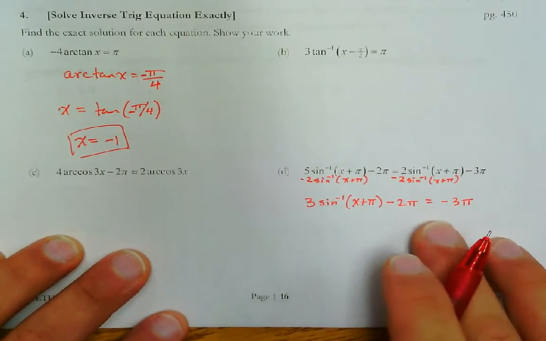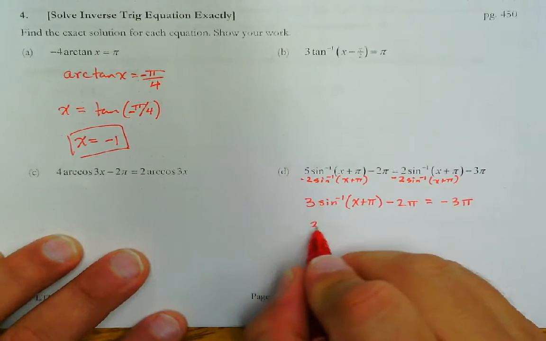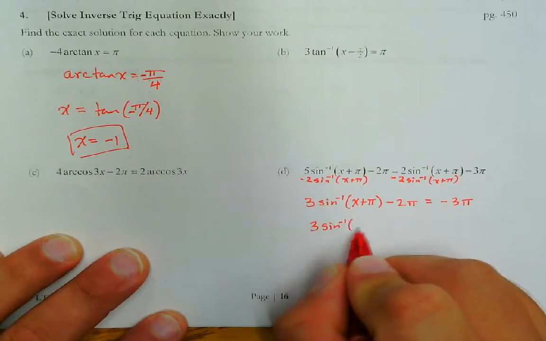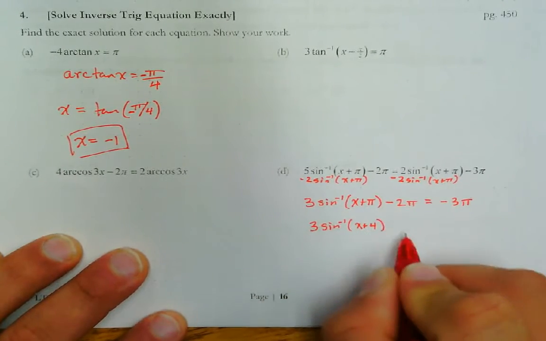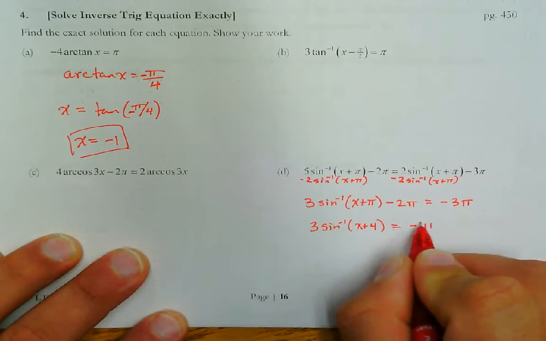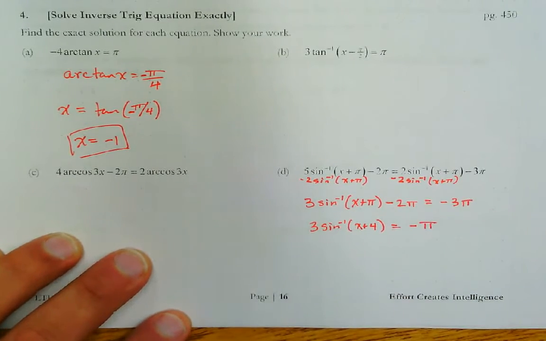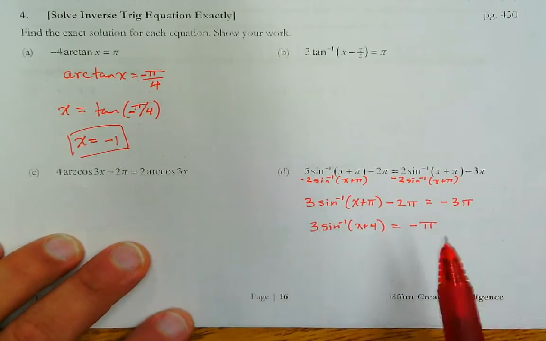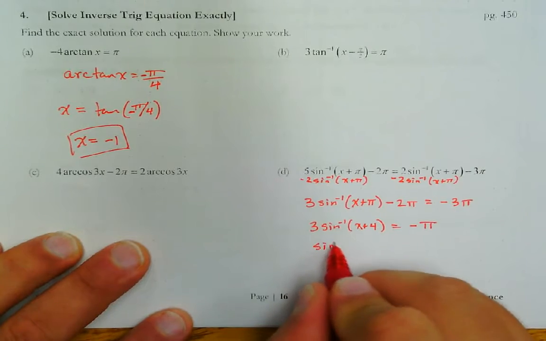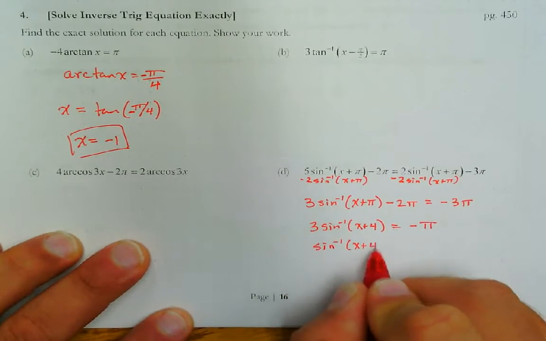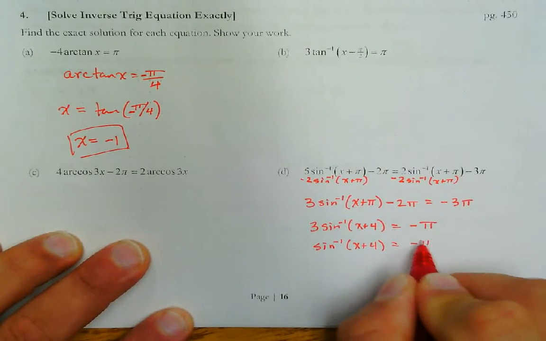Right? Add 2 pi to both sides. 3 inverse sine of x plus pi is equal to -pi. Divide both sides by 3. Inverse sine of x plus pi is equal to -pi over 3.